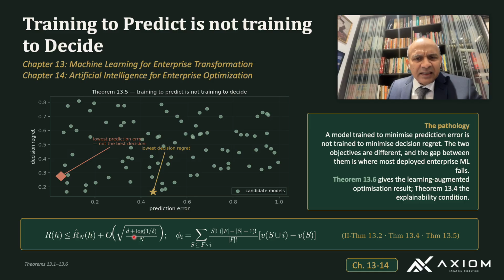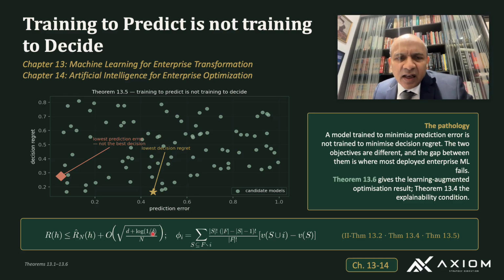The complexity penalty shrinks as the sample size n increases. You see n at the bottom here. The term d over here represents model complexity, and delta, log 1 over delta, controls the confidence level.